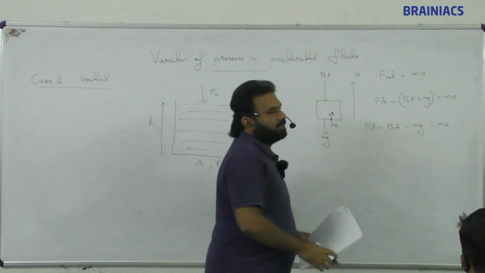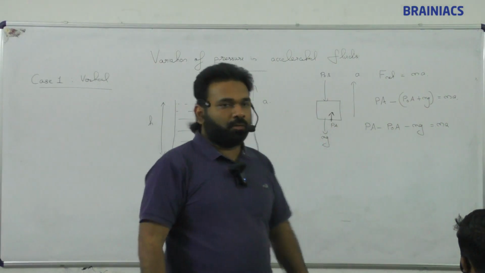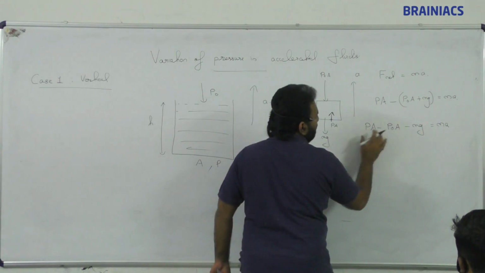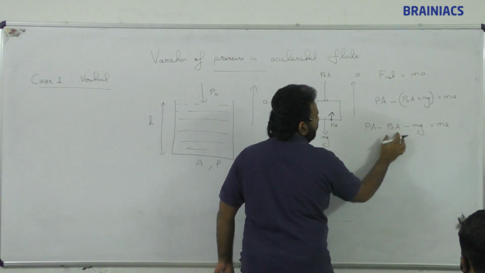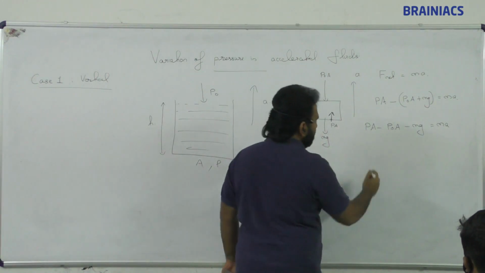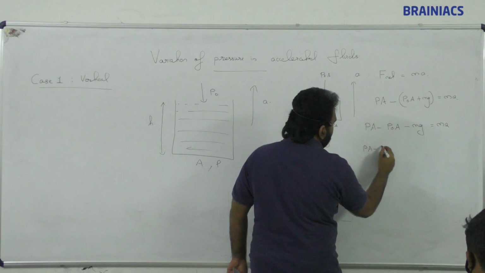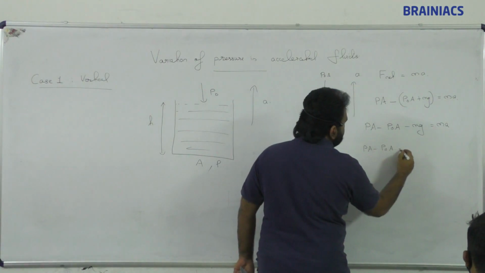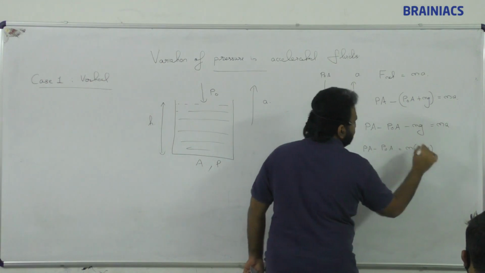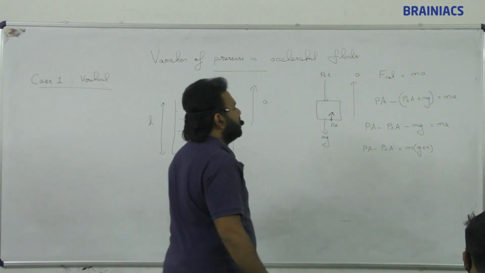This is the force equation. Now mg can be sent to that side. So PA minus P naught A is equal to M into G plus A.